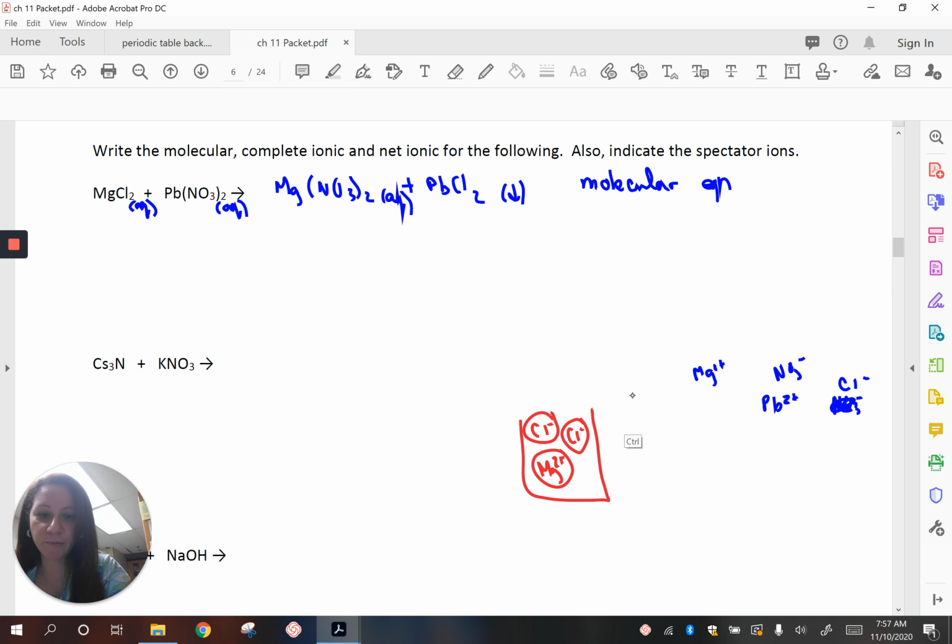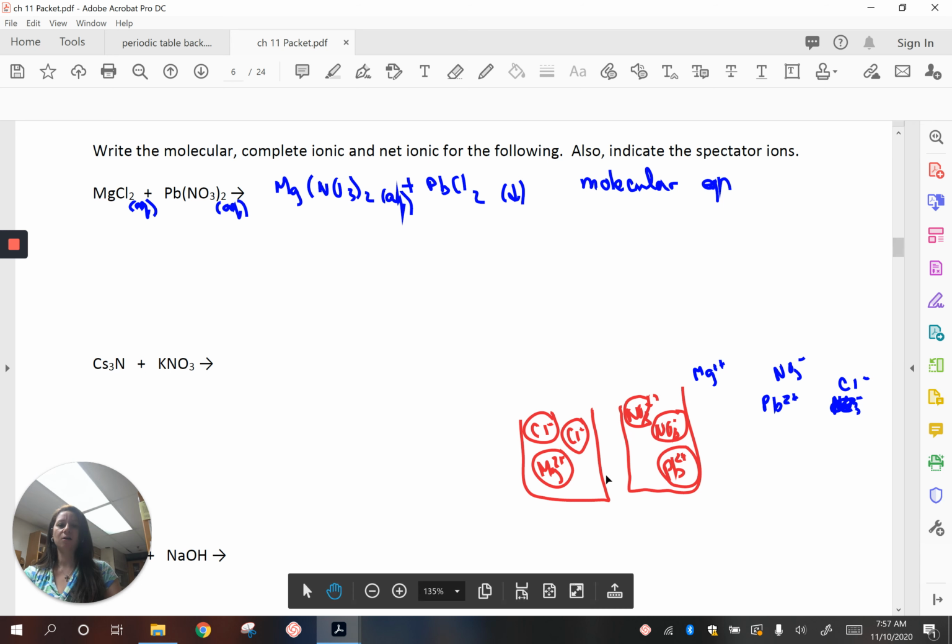The other reactant, the lead nitrate, I have Pb2+ and I have NO3-.